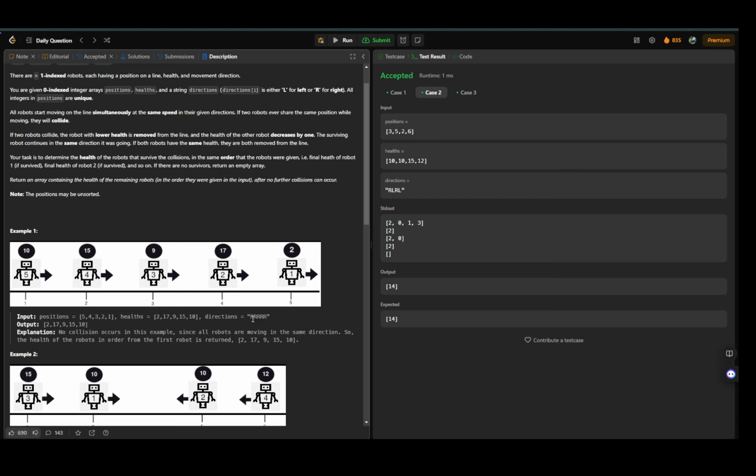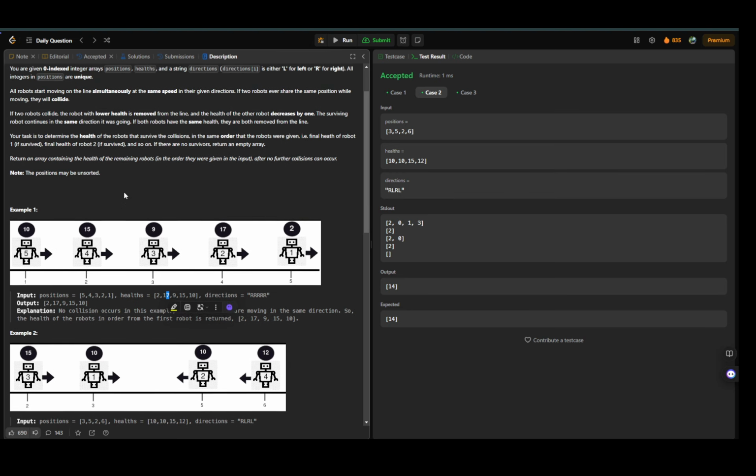I will be explaining in detail, and with respect to direction, for example, the first robot is placed at the fifth index, as you can see, his health is 2, and his direction is rightwards. The second robot is placed at the fourth, his health value is 17, and the direction is right. Similarly for all. That's what the question is.